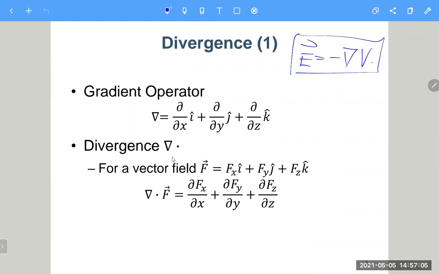So the divergence of f vector can be written as partial fx partial x plus partial fy partial y plus partial fz partial z.